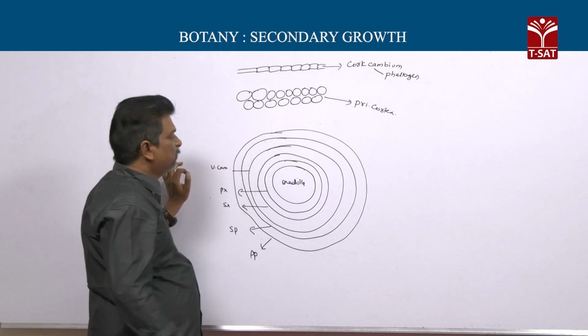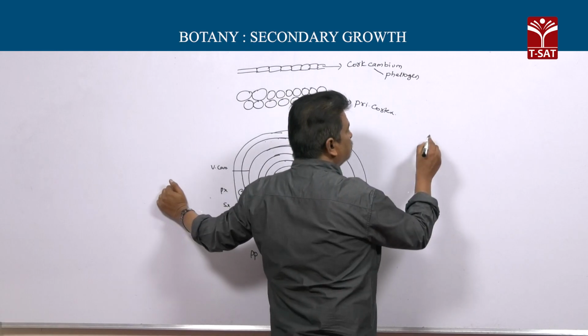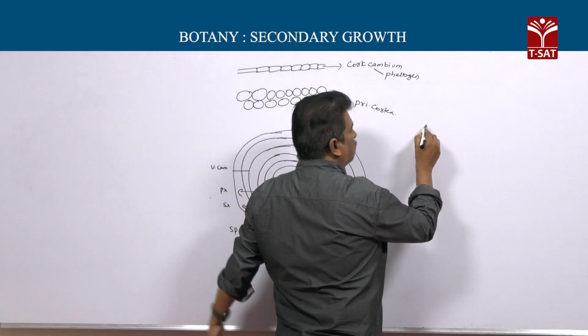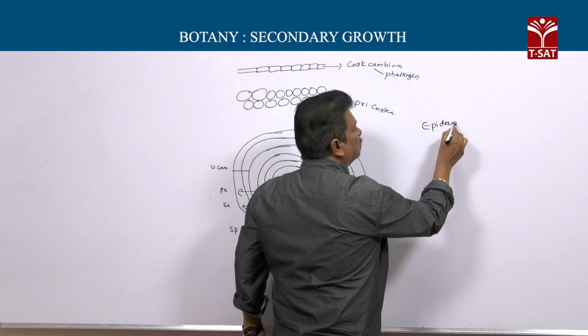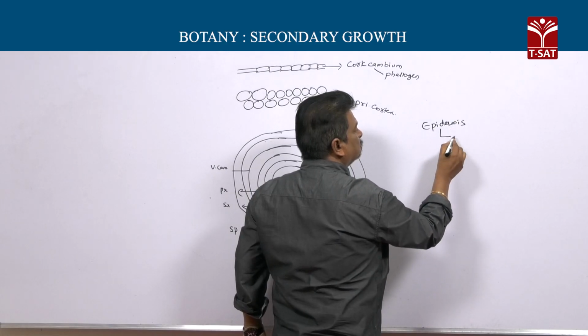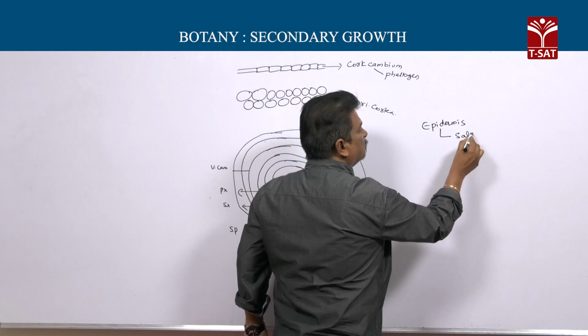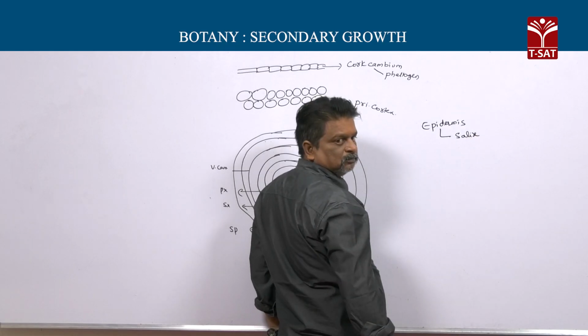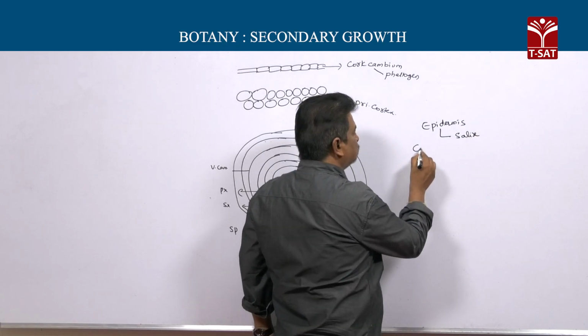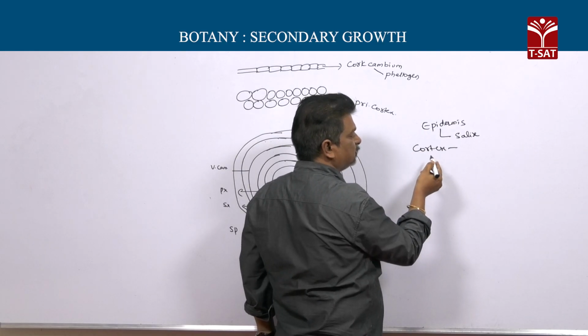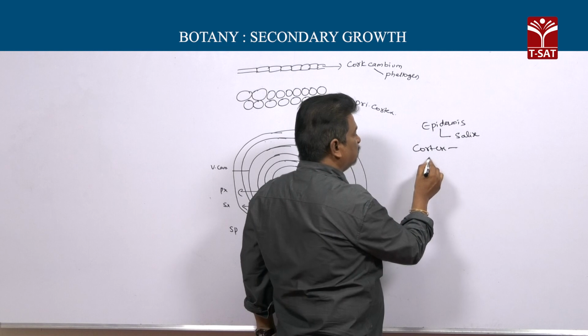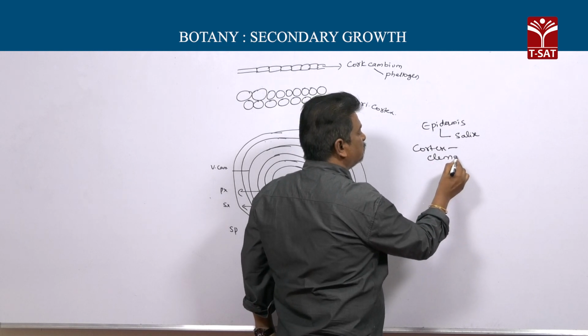In some plants, cork cambium is produced from the epidermis, for example Salix. In some plants, it is produced from the cortex, for example Clematis.